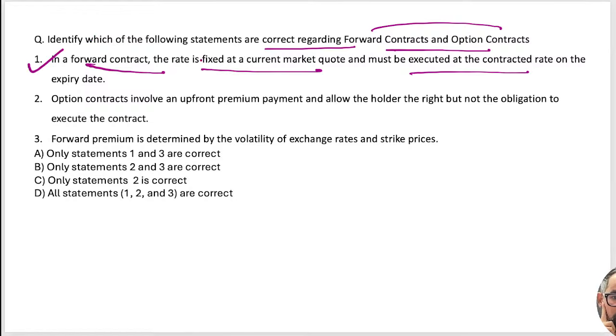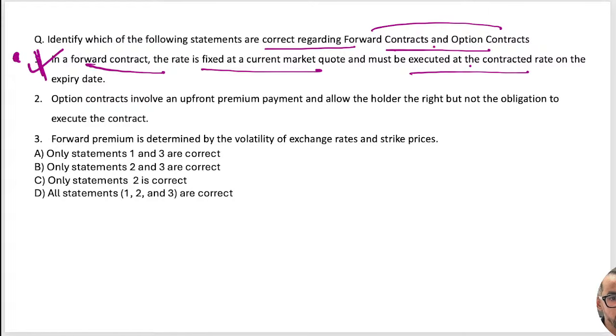The rate is fixed at the current market quote and must be executed at the contract rate. This should be wrong, no? This should be wrong actually.